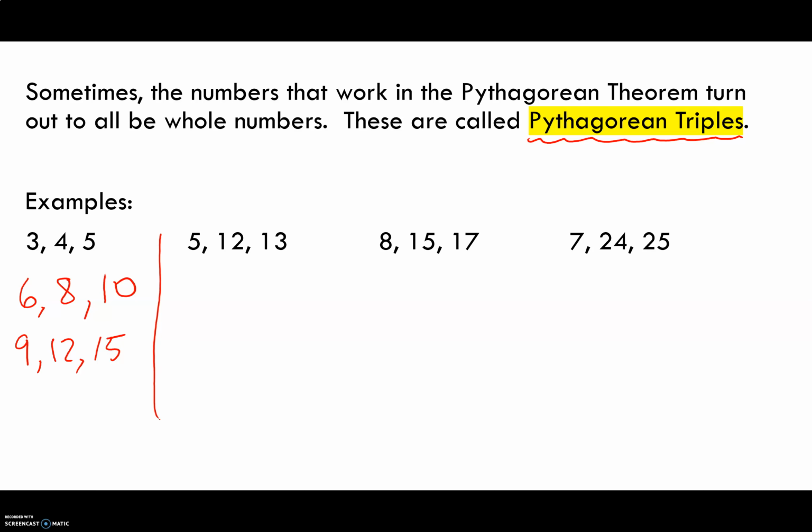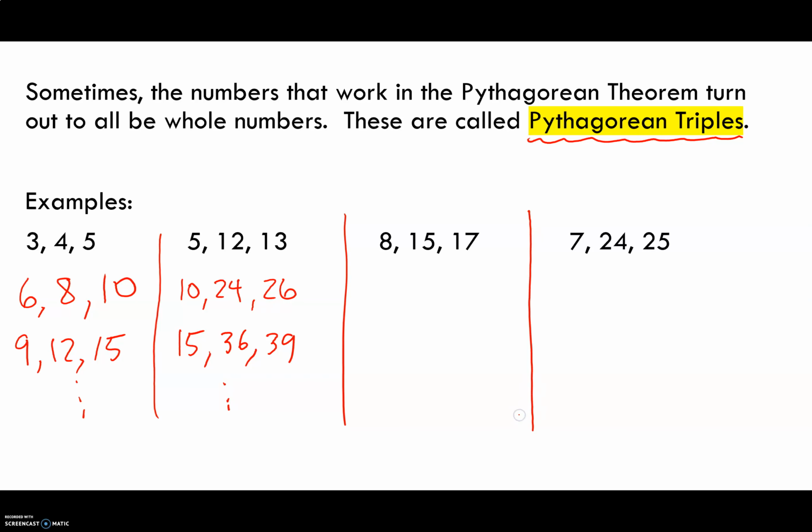Another famous one is 5, 12, 13. So again, you could double that. You could have side lengths of 10, 24, and 26. Or 15, 36, and 39, etc., etc. And then the last two that are kind of famous are 8, 15, 17, and 7, 24, 25.